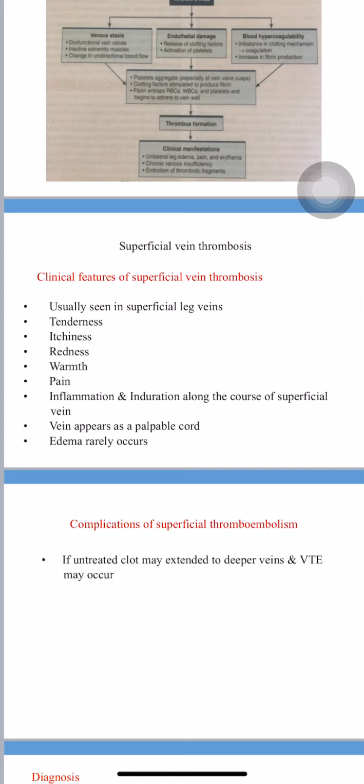Edema rarely occurs; it may or may not be present. Next are the complications. If superficial vein thrombosis is untreated, the clot may extend into the deeper veins and lead to venous thromboembolism.